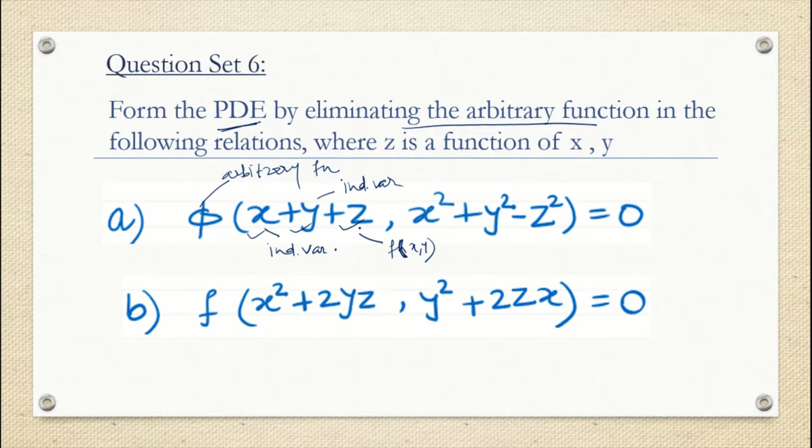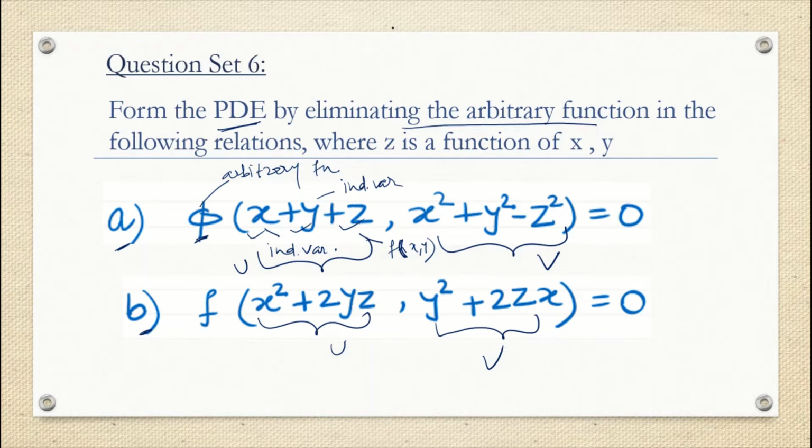We don't have any problem with these elements in our PDE, but this phi will not be there. We have to work so that phi gets eliminated. And what is this form? In question number 1 and question number 2, this is our u, and this complete expression is my v. So this will be your u and this will be your v.